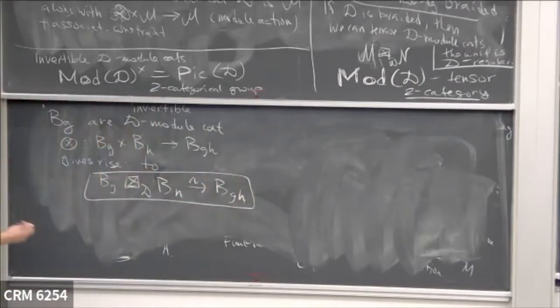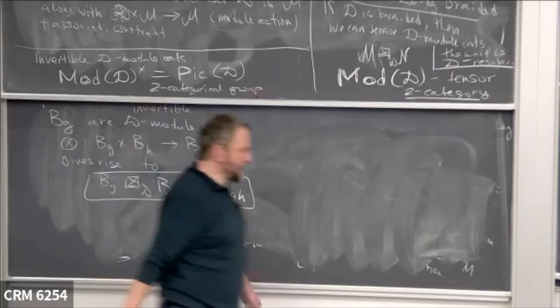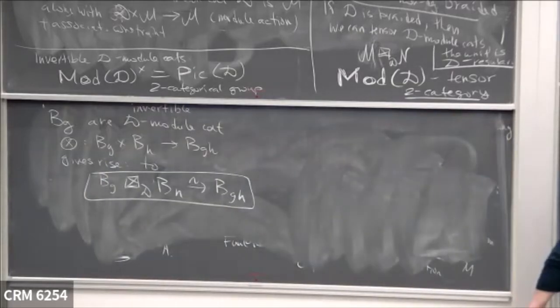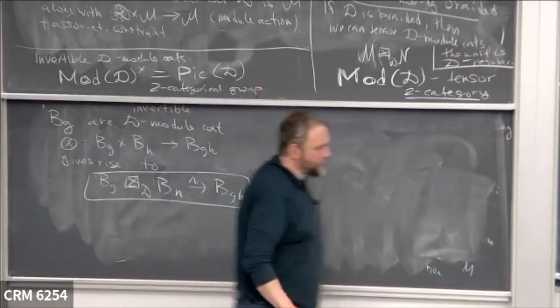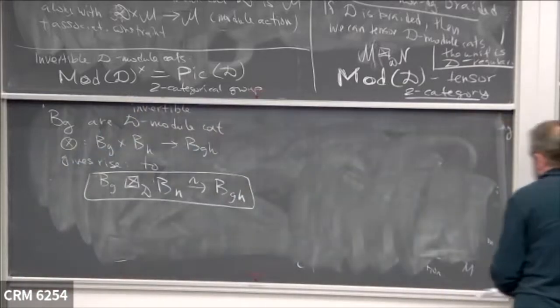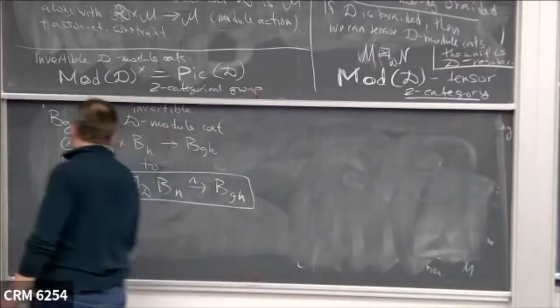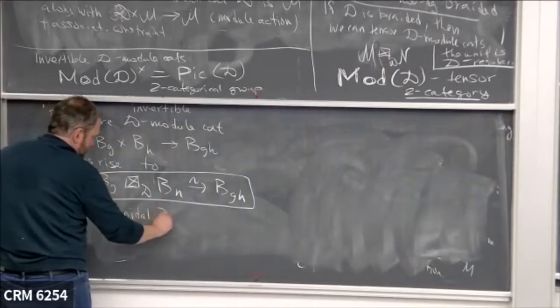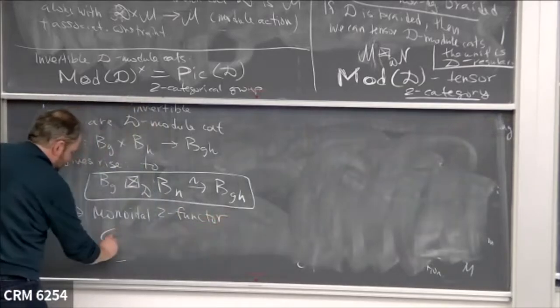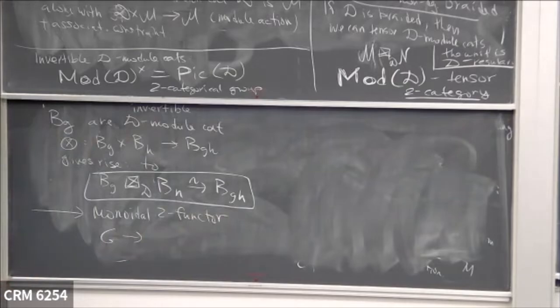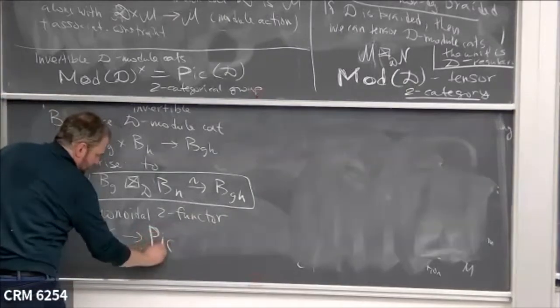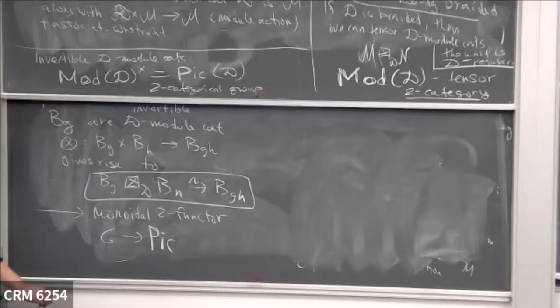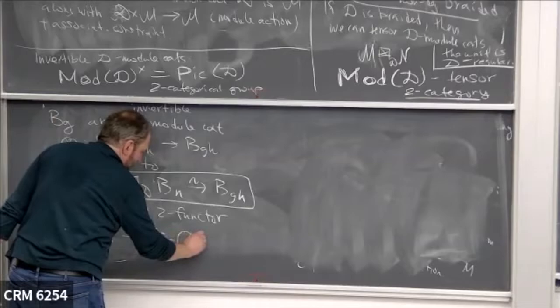So what this amounts to, to put it in a concise form, is that what we have is a monoidal two-functor from G to the Picard group of D. Again, I will try to denote the higher structure by bold face.